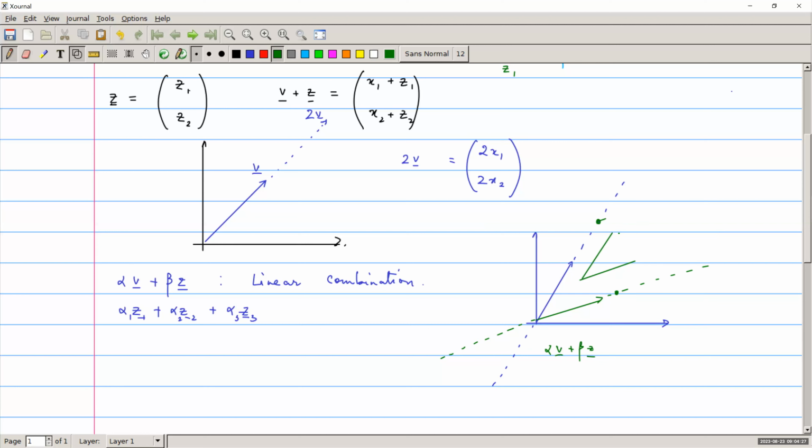These are called cones. This particular object is a cone. A cone is a set of points, a set of vectors, where if you take any vector in the cone and scale it by a non-negative constant, you get another point in this collection.